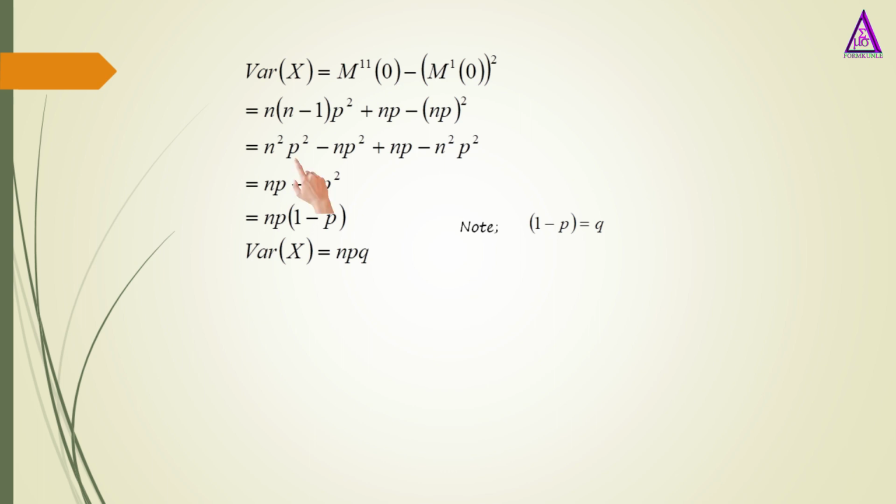So by calculation, this one cancels this one, and we have np − np². When we factorize np out, we have np(1 − p), and we know that 1 − p equals q based on the binomial rule. So therefore, our variance of the binomial distribution using the moment generating function method is npq.